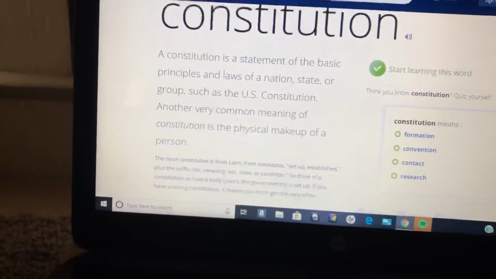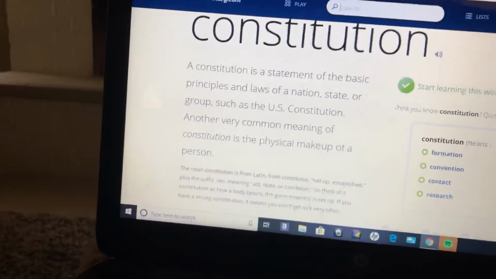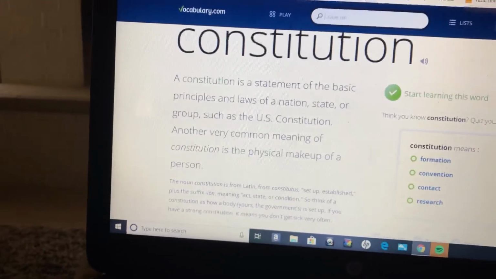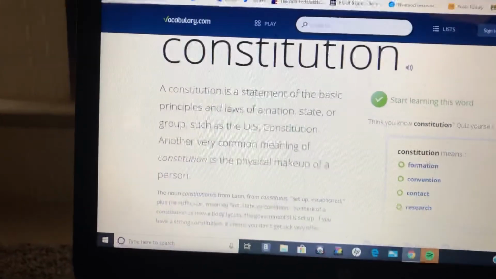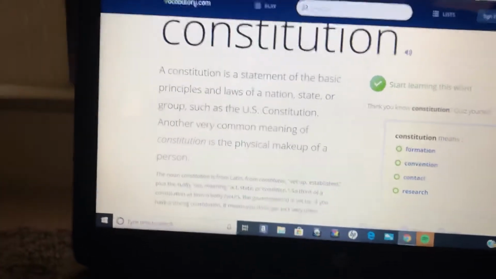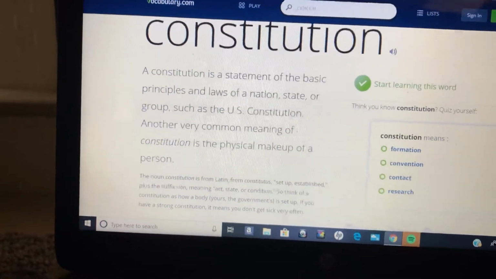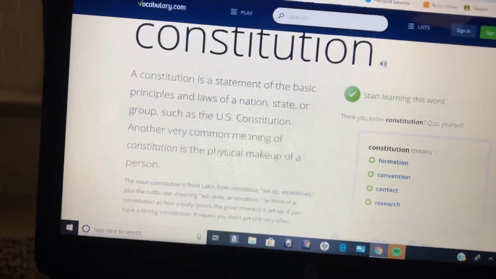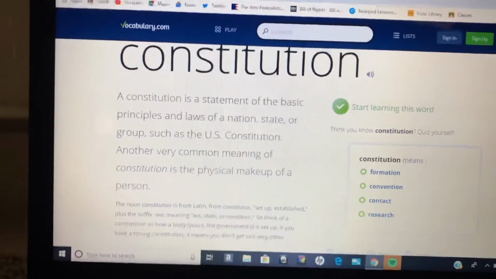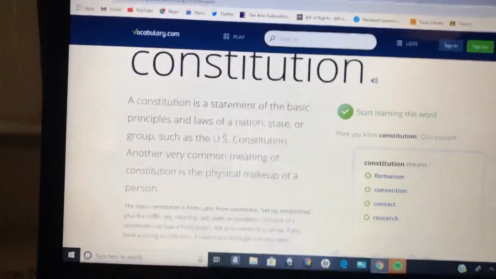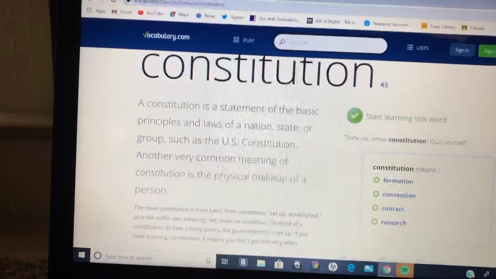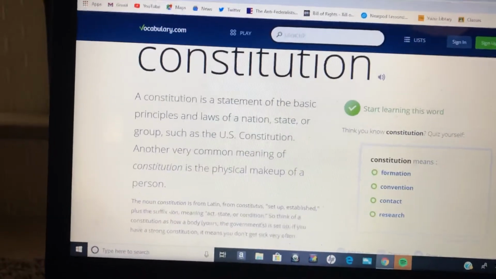You also see the ion suffix, whose definition is act, state, or condition. You are in the act of creating, in the state of creating, or in the condition of making. Again, constitution.